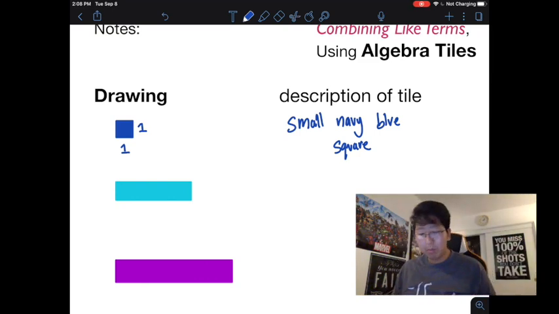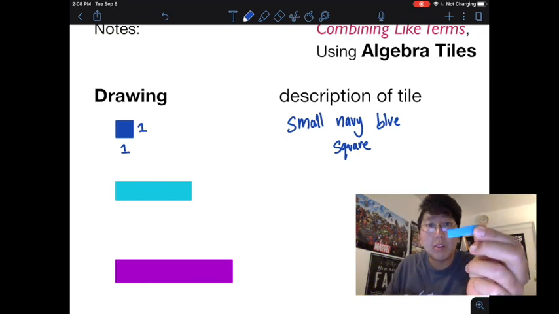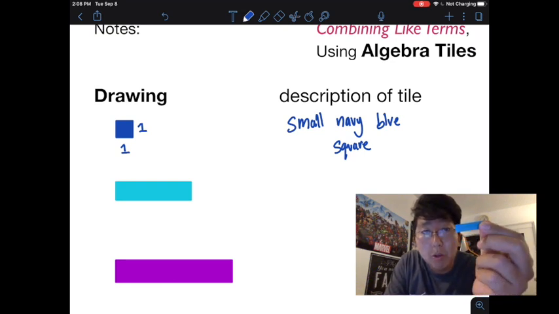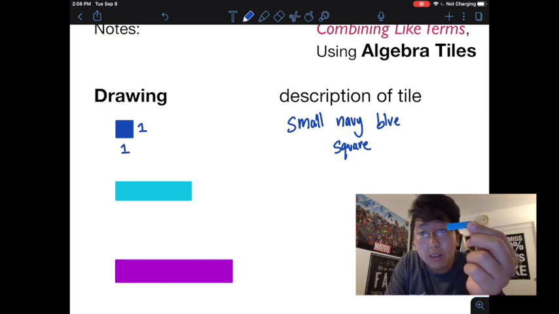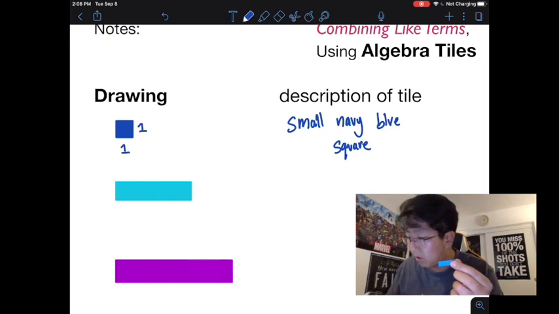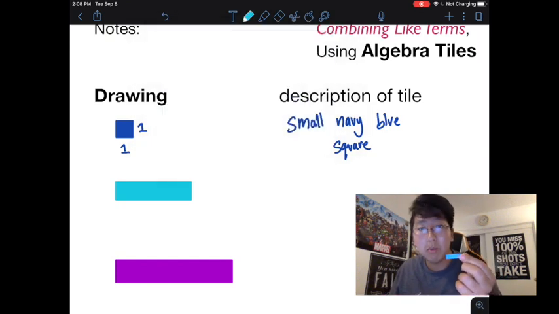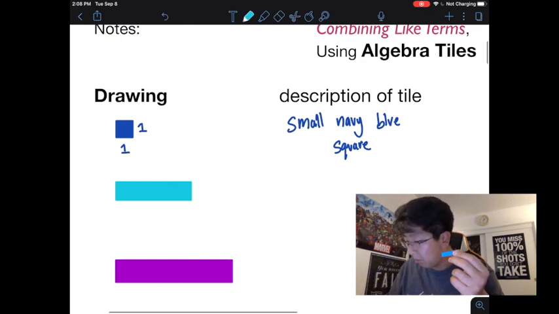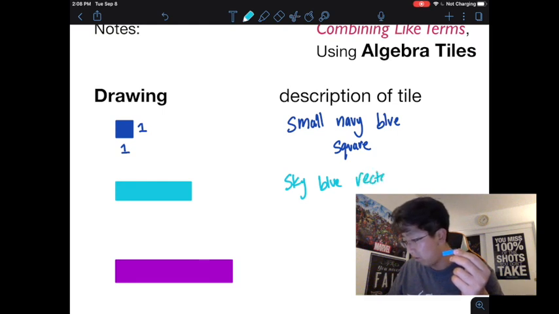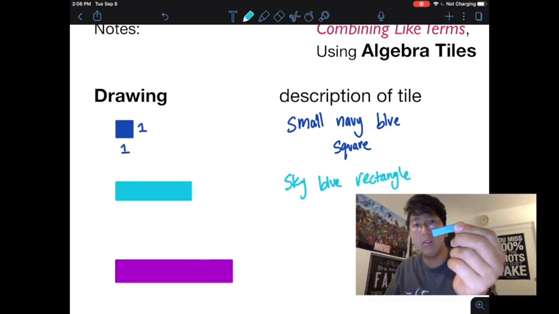The next one we're going to talk about is this blue one. I'm going to pull it up on the screen. How would you describe this? Let's find that color, like sky blue. So this is a sky blue rectangle. This is a rectangle in the color sky blue.